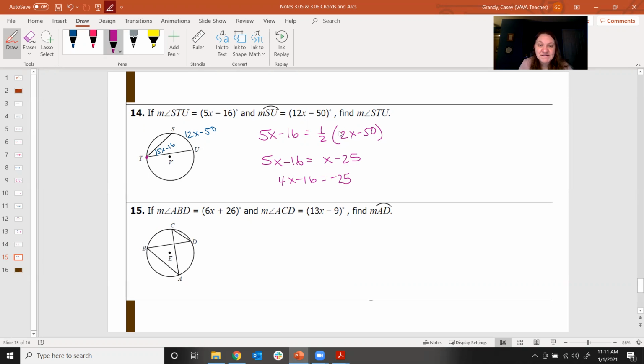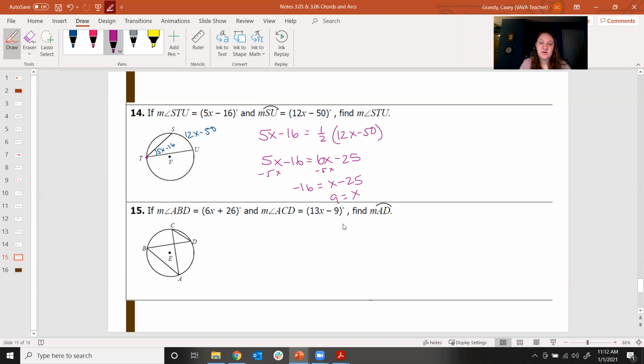Oh, it's a 12x. Silly me. Let me fix that. So I'm not going to subtract an x from both sides. I'm actually going to subtract 5x from both sides. That way I have some positive x values here. Yep, add 25 to both sides.